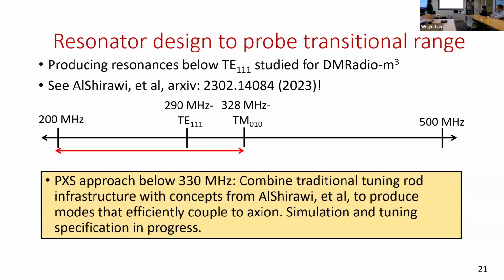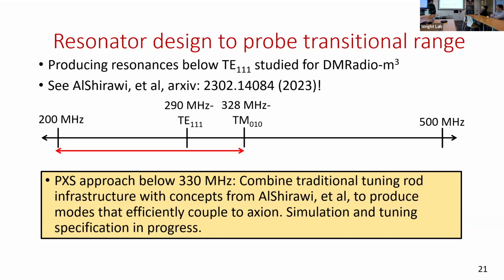Down here, you're now talking about a different regime, where you're no longer in that traditional picture. As I mentioned, a number of people in the Princeton group are also members of the DMRadio collaboration, and DMRadio cubic meter has been studying what happens when you want to produce resonators that efficiently couple to the axion below the TE111 mode of that bare cylindrical cavity.